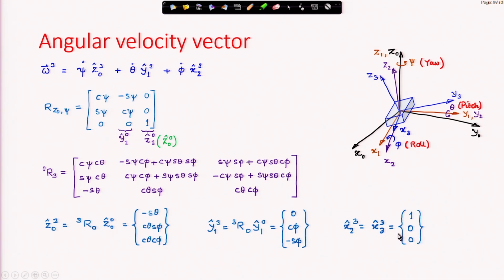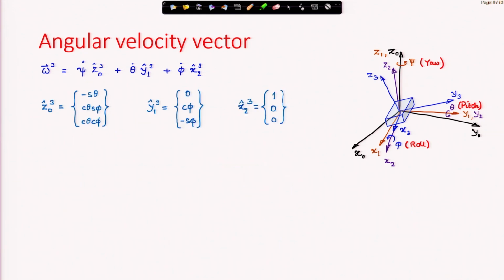Hence, x2 represented in x3 y3 z3 is the same as x3 represented in x3 y3 z3, which is 1 0 0.